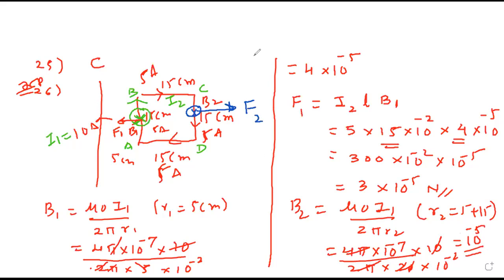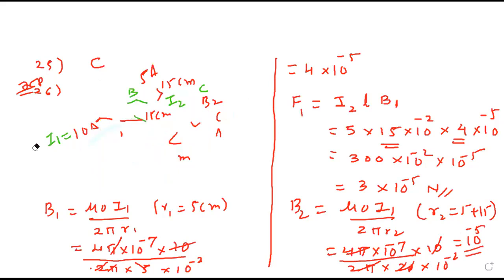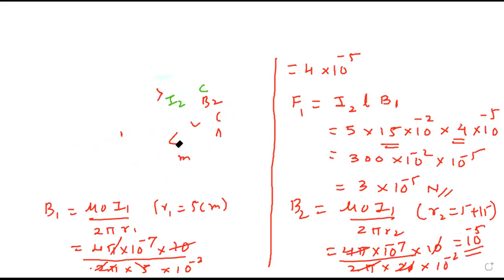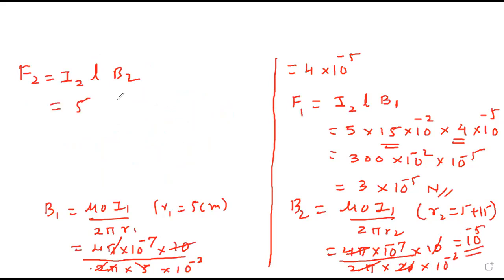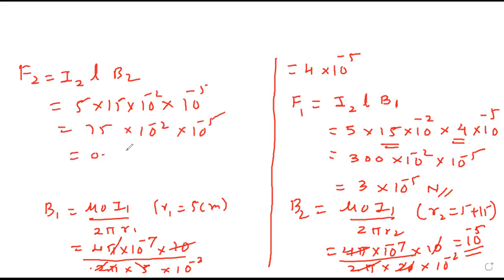Then F2. F2 is current I2, length L, field B2. Current is 5, length is 15 into 10 raised to minus 2, into 10 raised to minus 5. So 75 into 10 raised to minus 2, that is equal to 0.75 into 10 raised to minus 5 Newton.